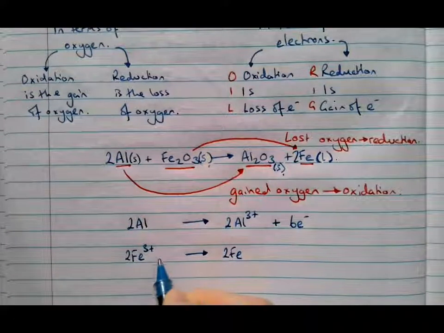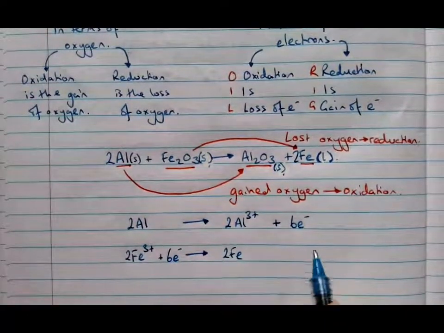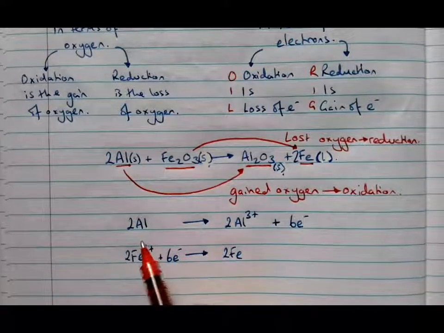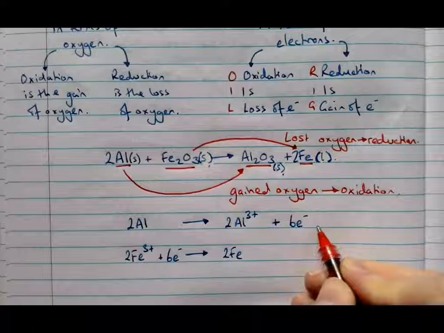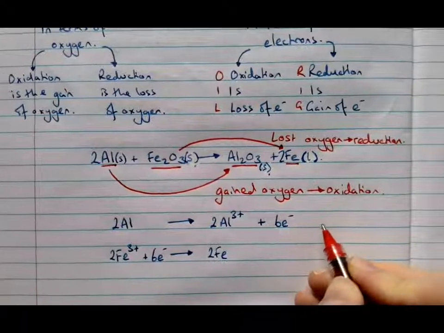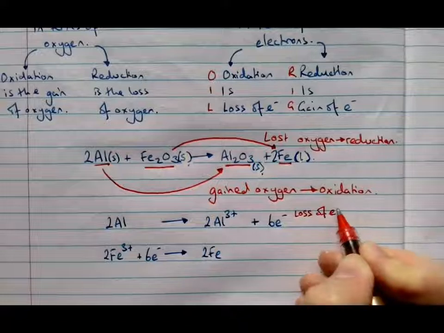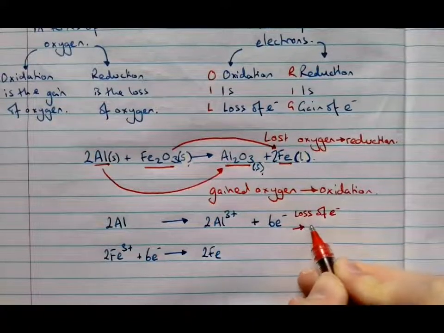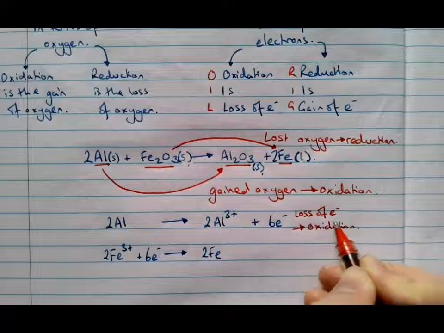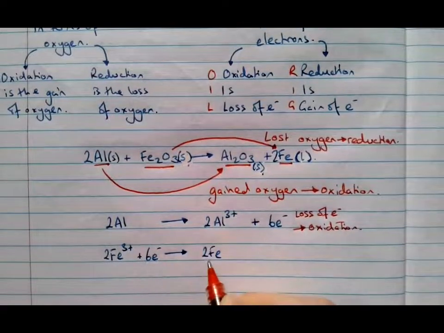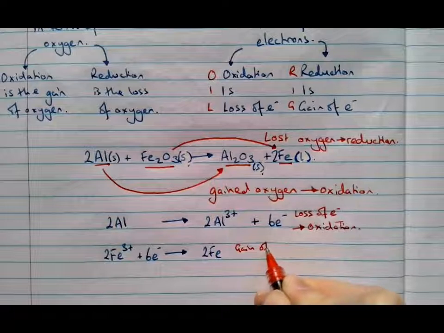So what we've got here is our aluminium is losing electrons. Okay, so this is the loss of electrons, and loss of electrons is oxidation. And here my iron is gaining electrons, which is reduction.